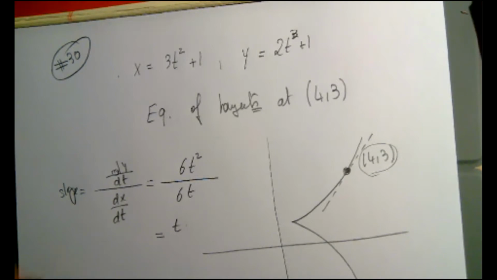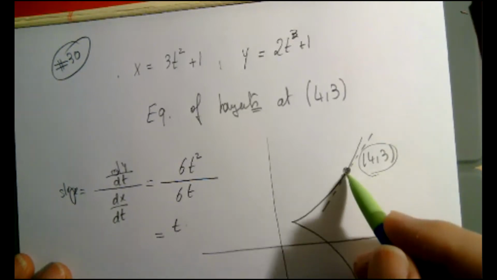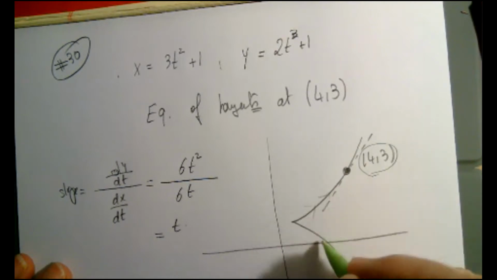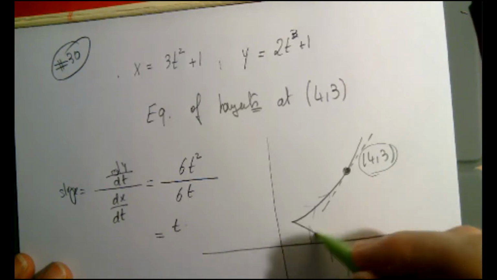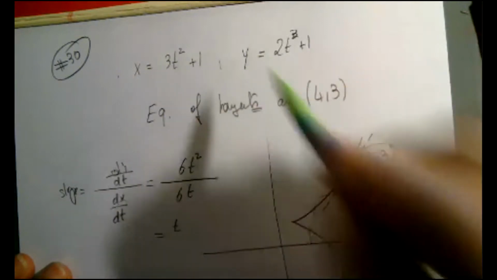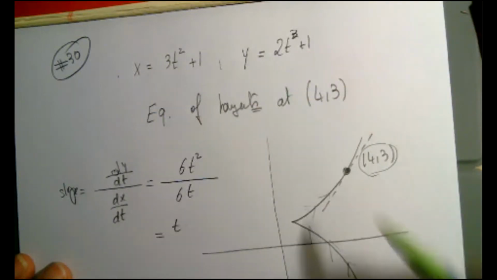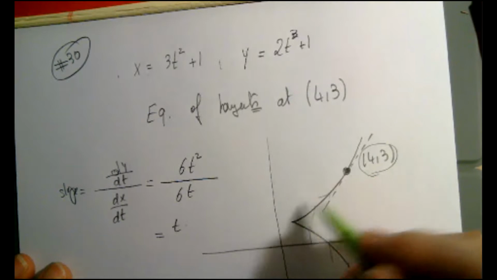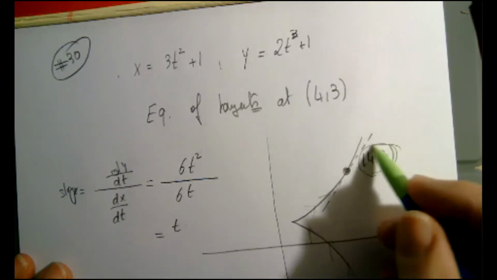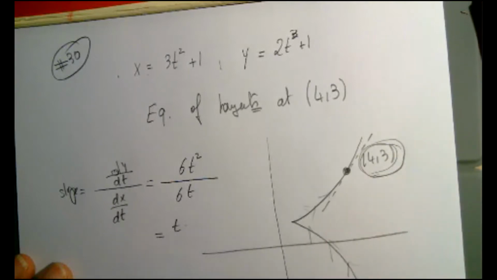What I have to do is find for which value of t. As I said in class, imagine you have an object moving, t is time, and the object is moving along this curve. For every time t, that's its x and y component. To figure out the slope, I need to find for which value of t my object is at the point (4, 3).